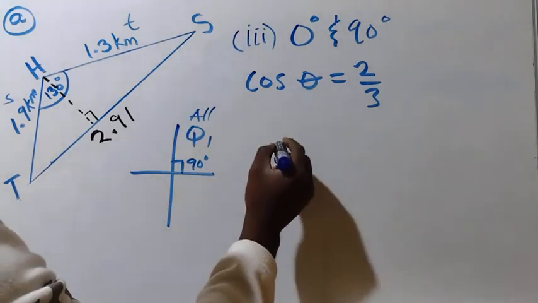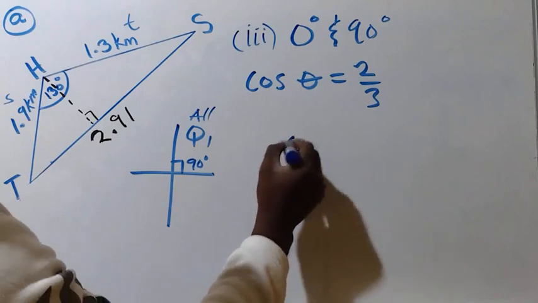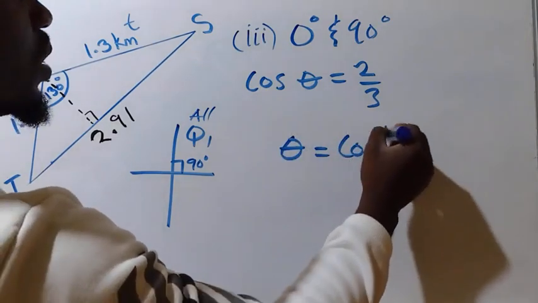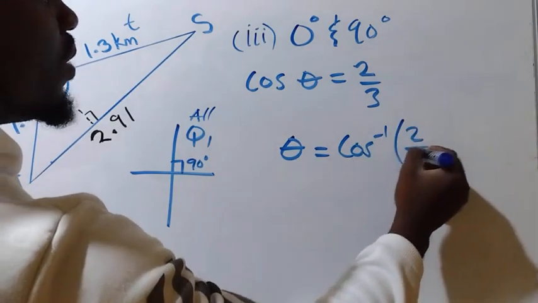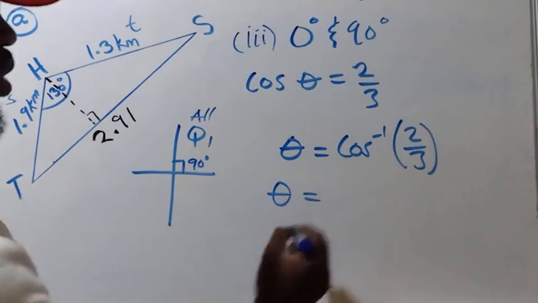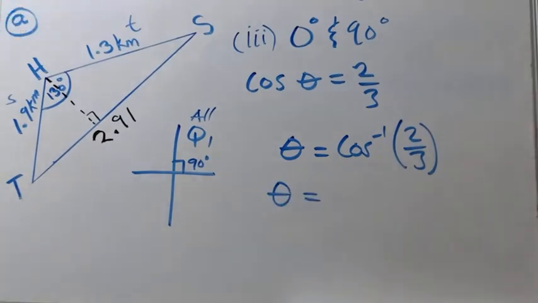So if you have cos theta, just go direct here. Say theta is equal to the cos inverse of 2 over 3. So what you do is get your calculator, press shift cos inverse of 2 over 3.